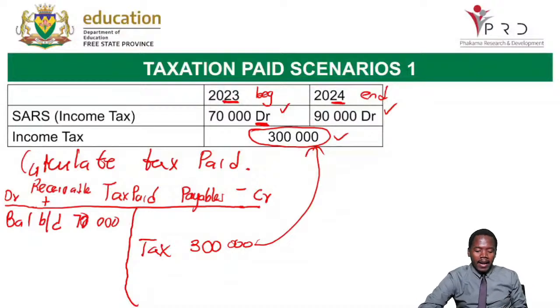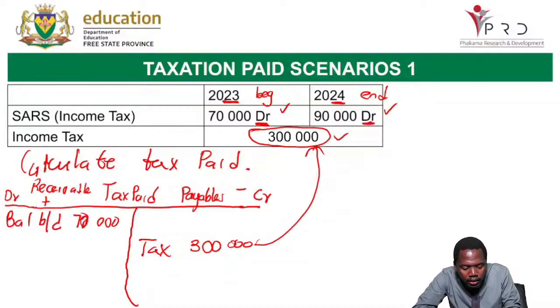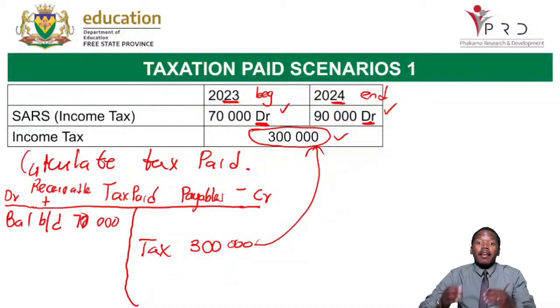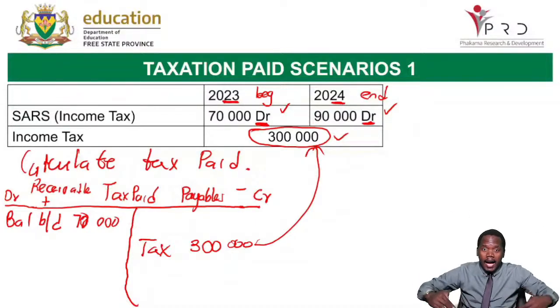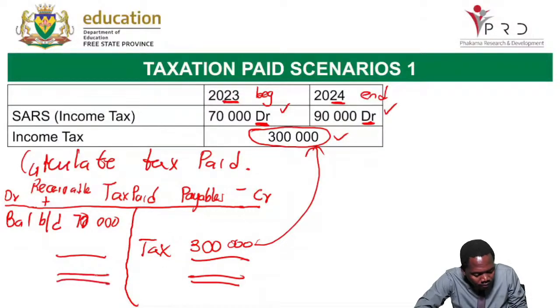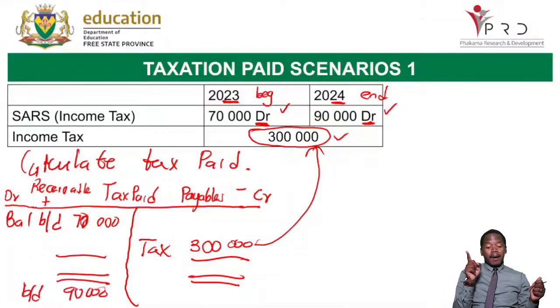Now, my closing balance, what is indicated on my closing balance? It's indicated also as debit. What does that mean? It means the balance after the total. This will be my totals. Meaning my balance there, the closing one, is indicated as a debit. 90,000. Now, where is that balance coming from?